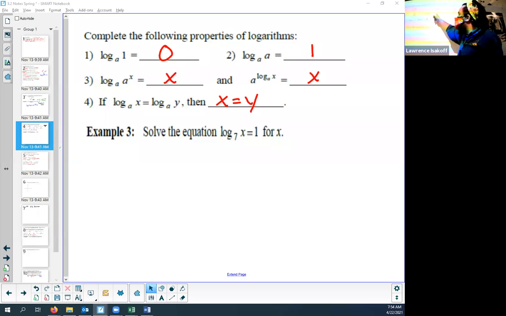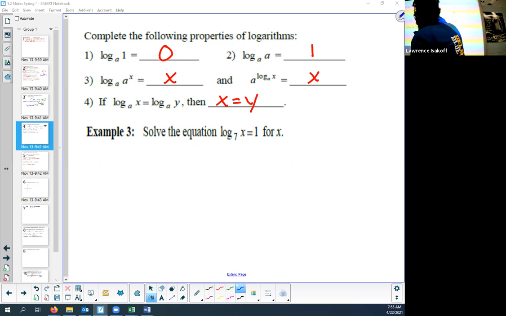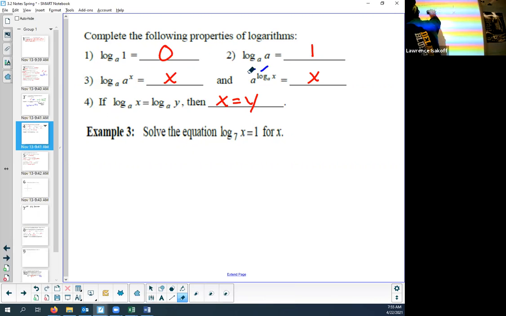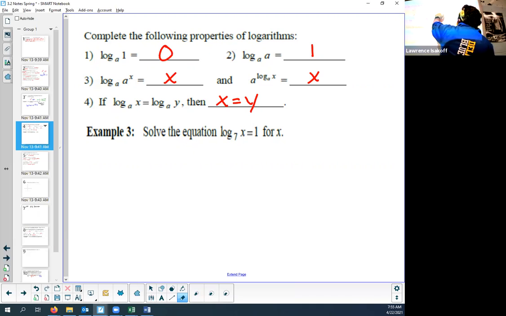If I have an exponential that has a particular base a, and its exponent has a log of the same base, essentially they cancel out. So these would cancel out kind of like these are canceling out.